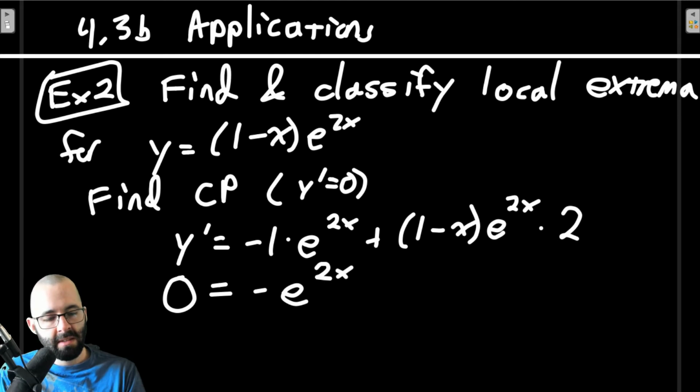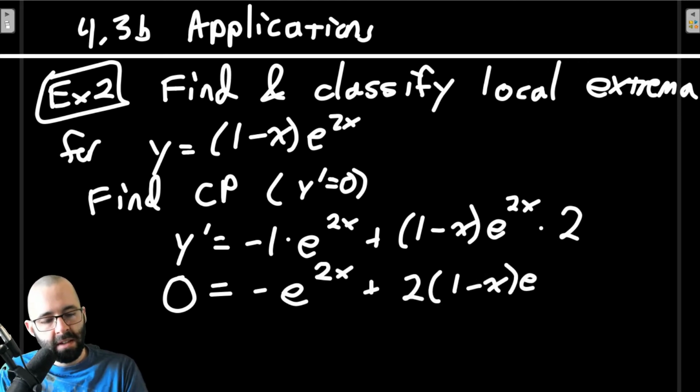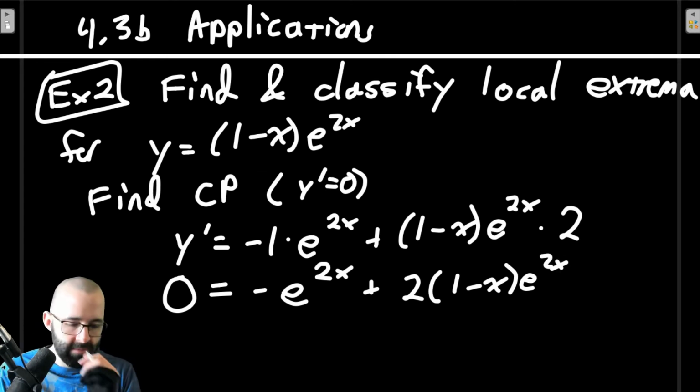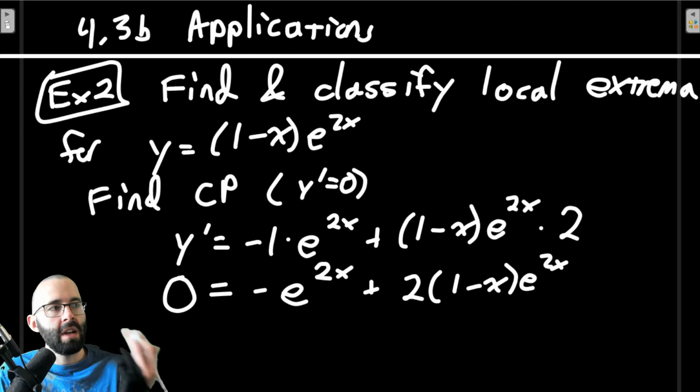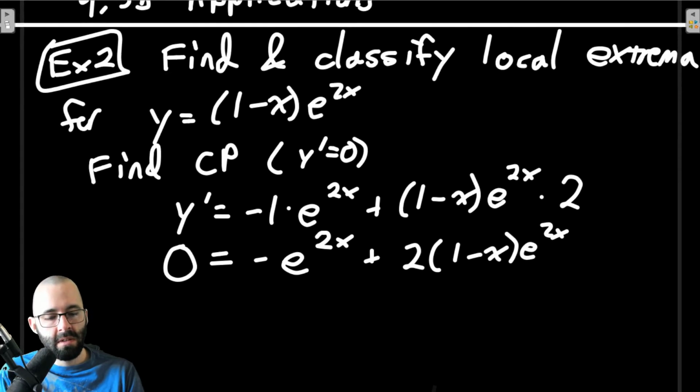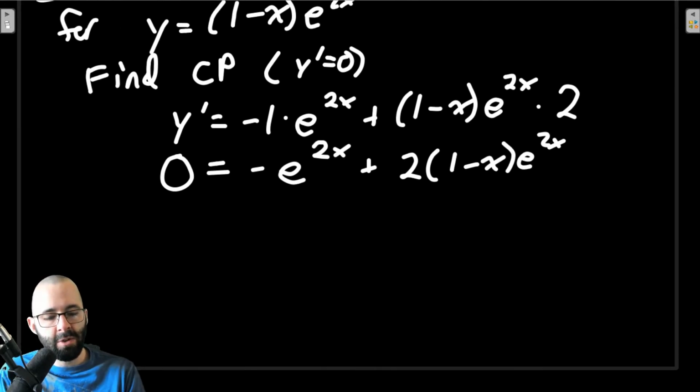Negative e to the 2x plus 2 times 1 minus x times e to the 2x. Couple of ways to proceed from here. We can combine like terms. We can factor. Factoring is going to be really nice. Anytime you're trying to solve an equation that equals 0, factoring is good. Principle of zero products.